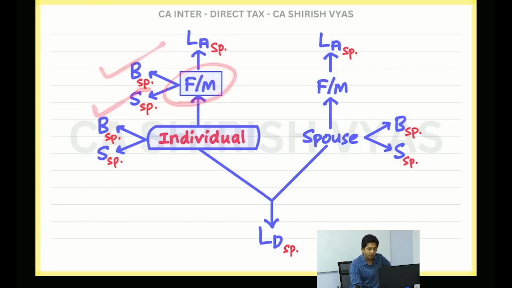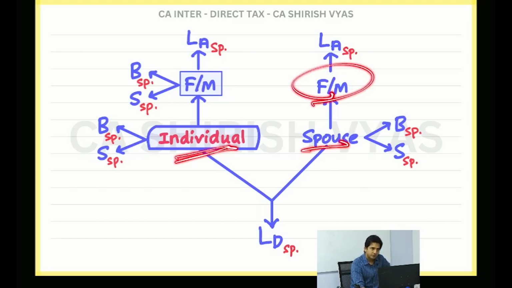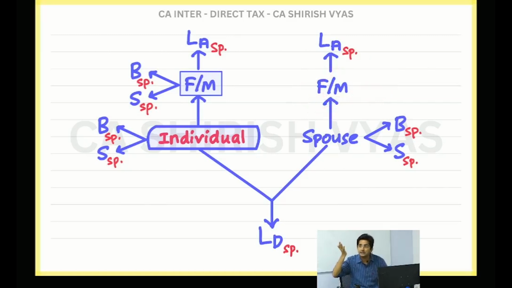And what about this father, mother? Are these my father, mother or the spouse's father, mother? Spouse's father, mother. And are you noticing spouse's father, mother are alone, without brother, sister? Because they themselves are difficult to handle, so their brothers and sisters will be too much. See, this is the government's thinking.